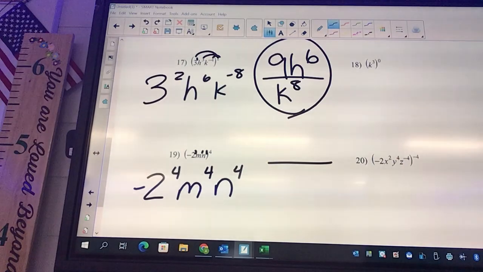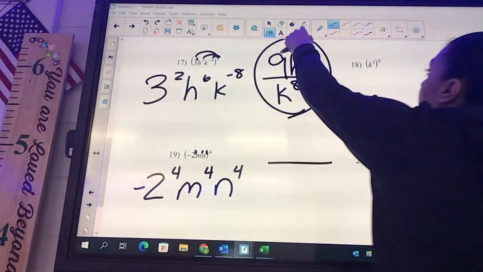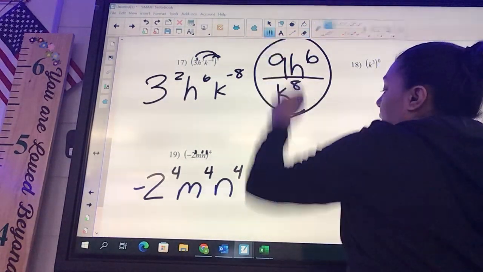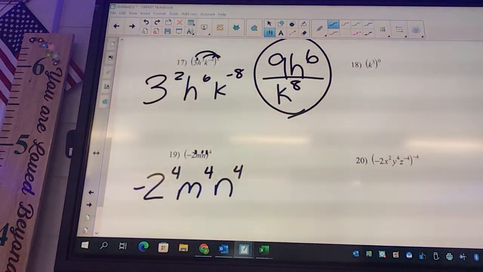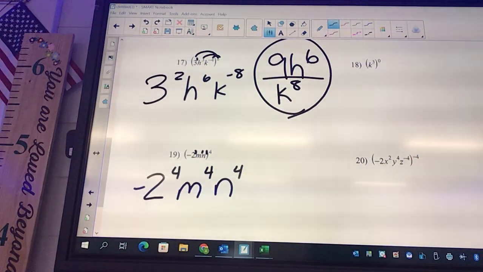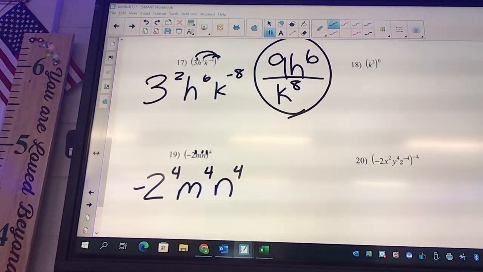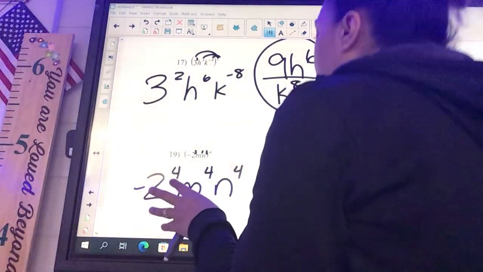Okay, is the negative 2 to the 4th top or bottom? It's to the top, okay? We're not going to move it. It doesn't have a negative exponent. However, what is it? Negative 16. Okay, depending on whether that has parentheses or not, some of you guys are going to get 16 on your calculator or negative 16. I will take either, okay?